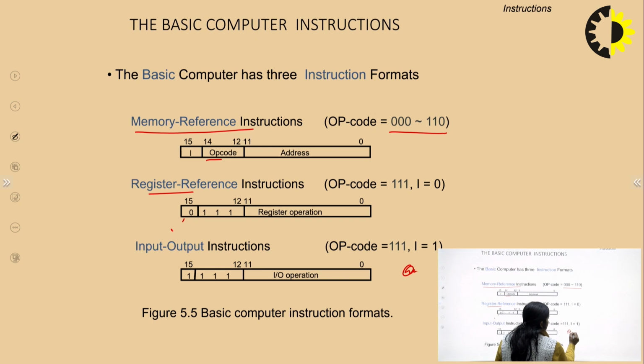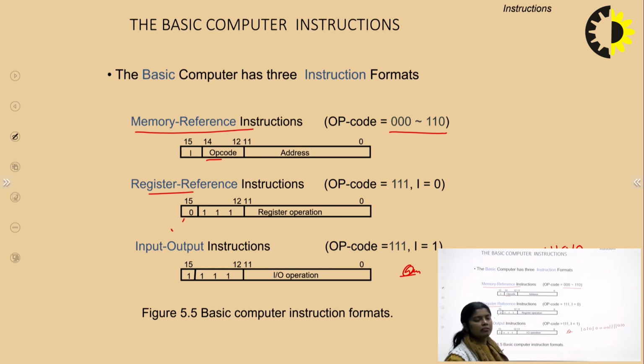The question is like this: if I give you this 16-bit instruction starting 1010, how can you find out whether this particular instruction is a memory reference or a register reference?